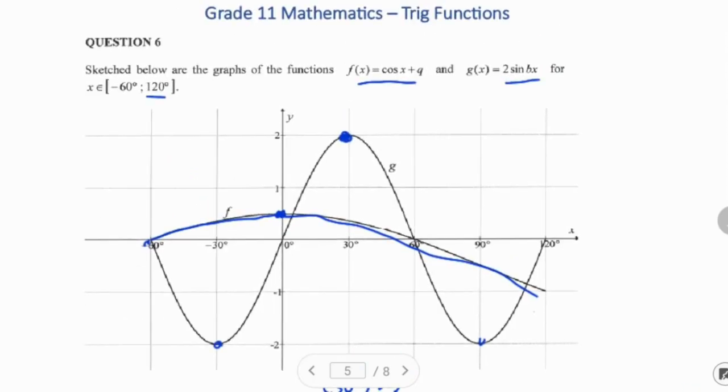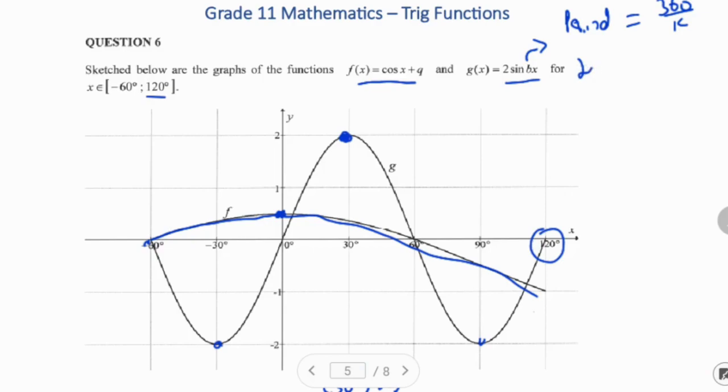Okay, let's go. Let's start with b because at least we know the relationship between the coefficient of the angle and the period of a function. The period of a sine graph will always be 360 over k. And then let's check, do we have a full circle? Yes, the full circle of this sine graph happened at 120.